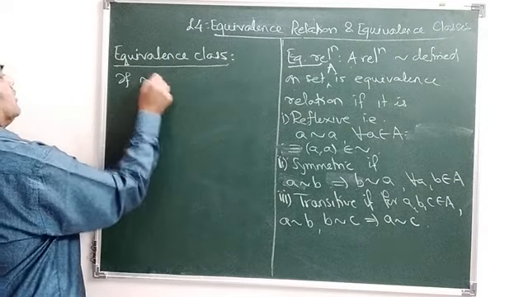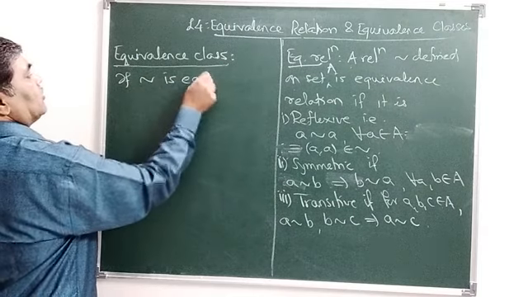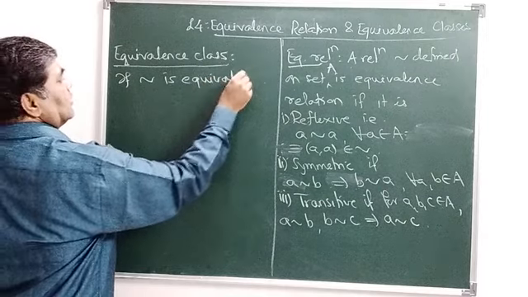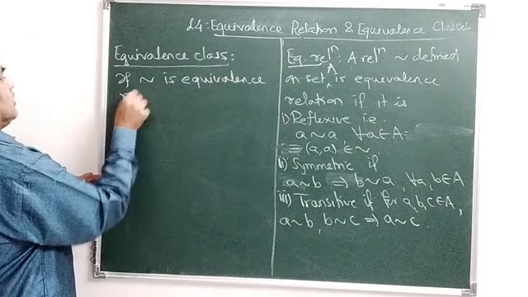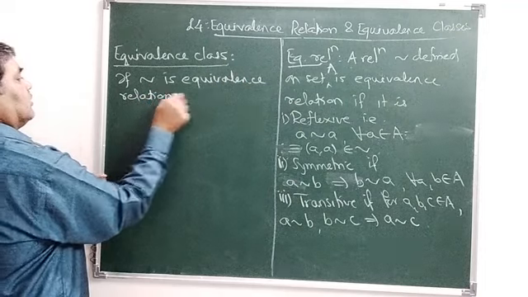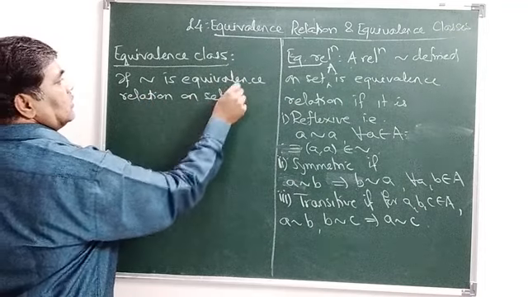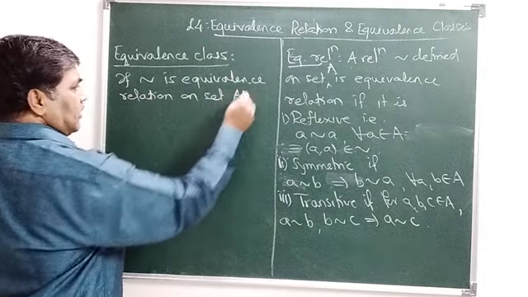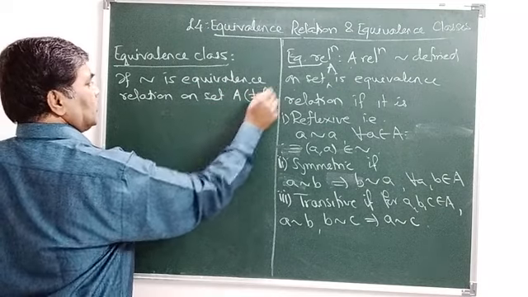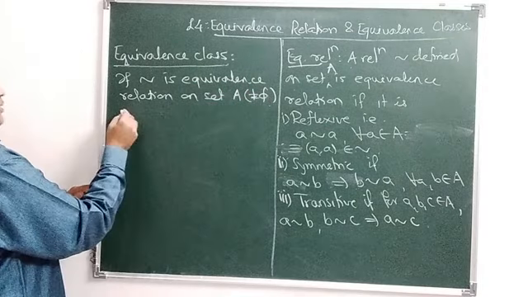Equivalence class. If tilde is an equivalence relation on set A, A must be non-empty. Only on a non-empty set can you talk about the equivalence relation.